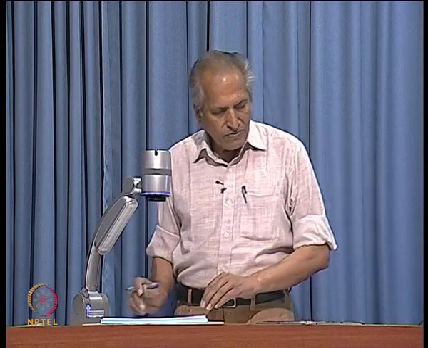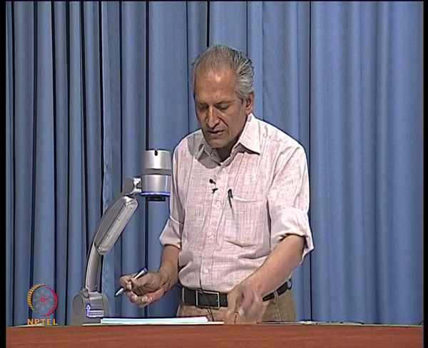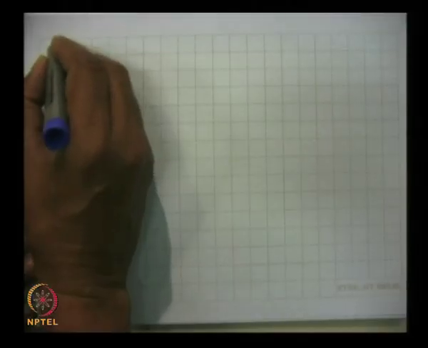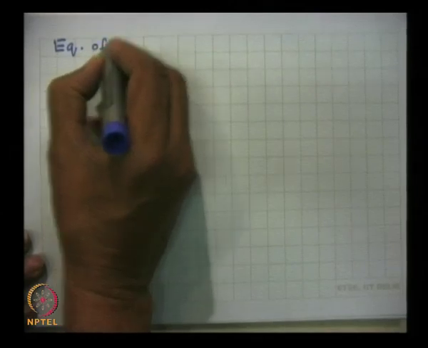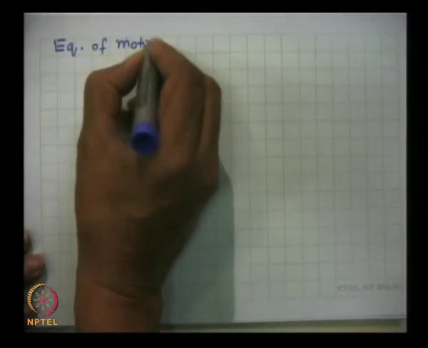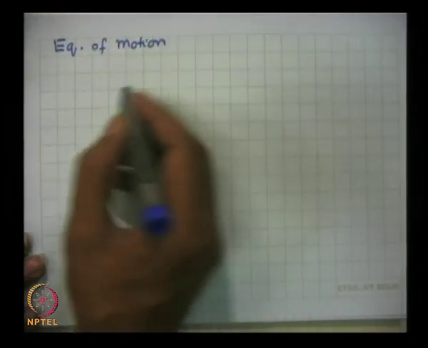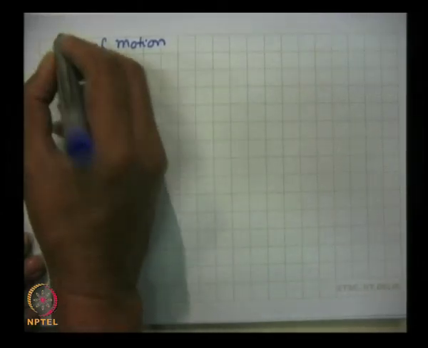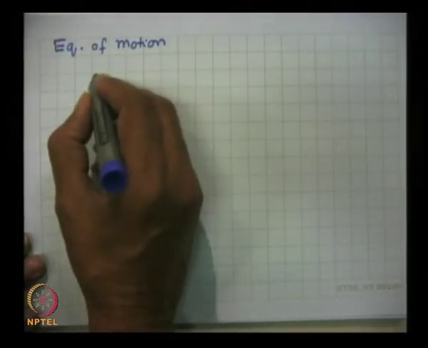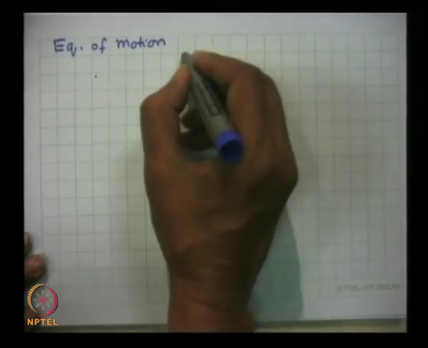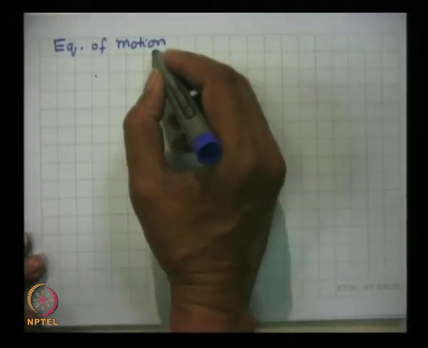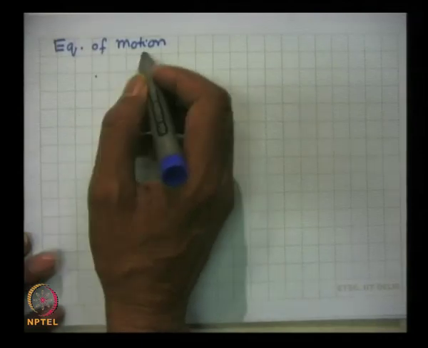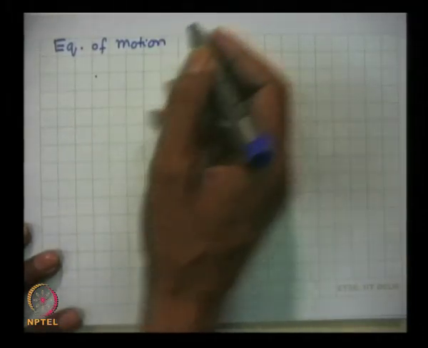So, now what do we do? We would like to examine the energy exchange between the electron beam and the laser. So, let us examine the equation of motion of the electron. I will not write it for momentum, I will write it for energy.